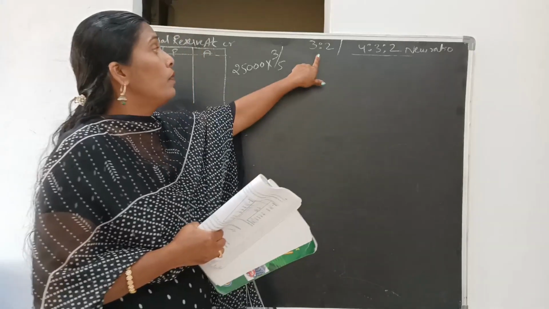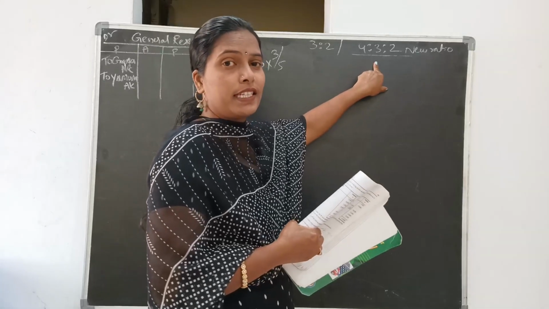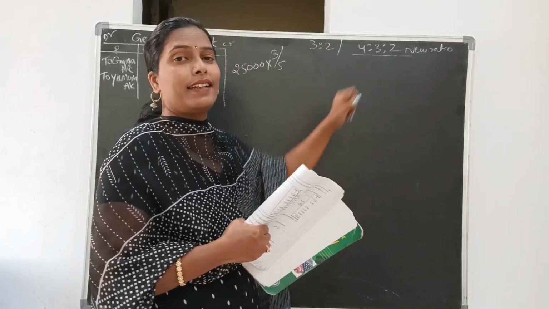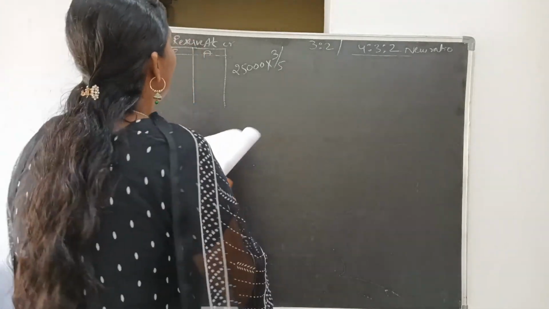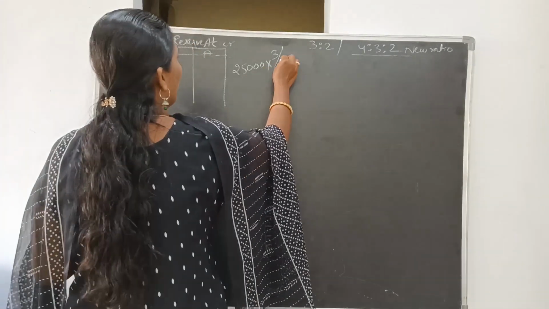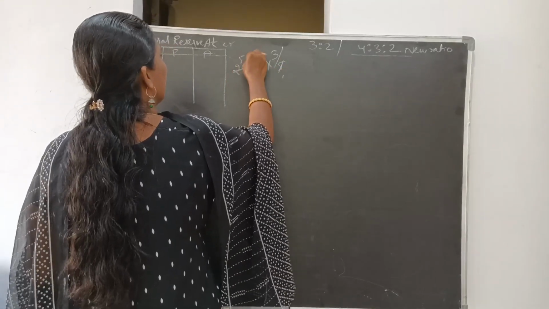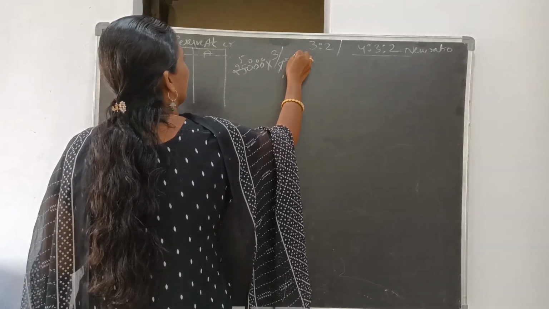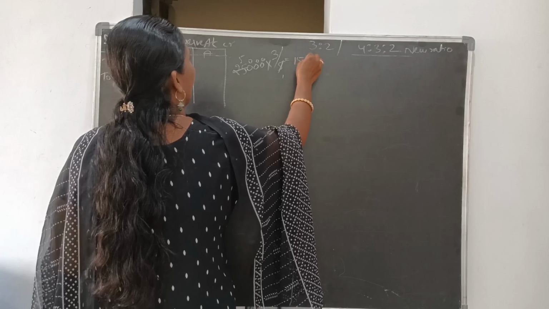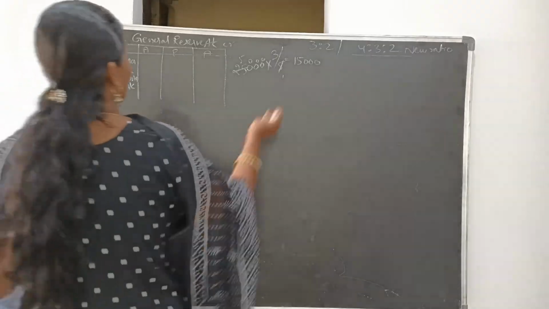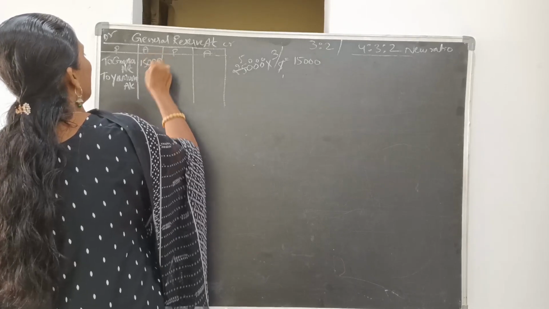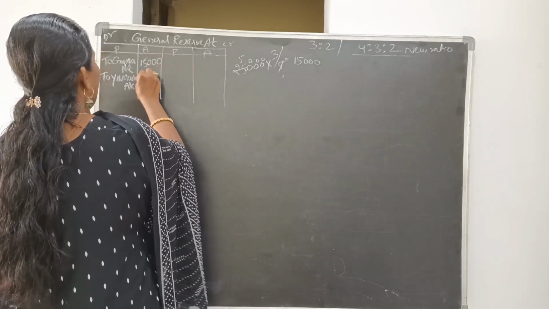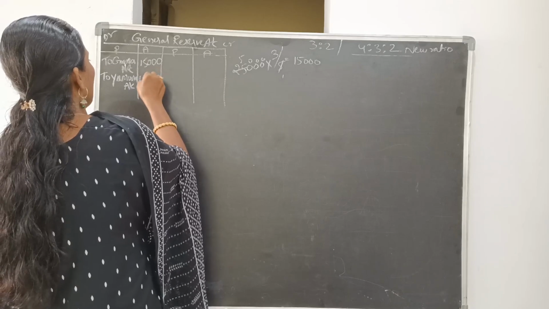Whenever the old ratio and the new ratio are given in the problem, we need to calculate the ratio of sacrifice. Now we'll divide this amount in the ratio 3:2, so 15,000 is Ganga's share in the general reserve. The remaining 10,000 is Yamuna's share.